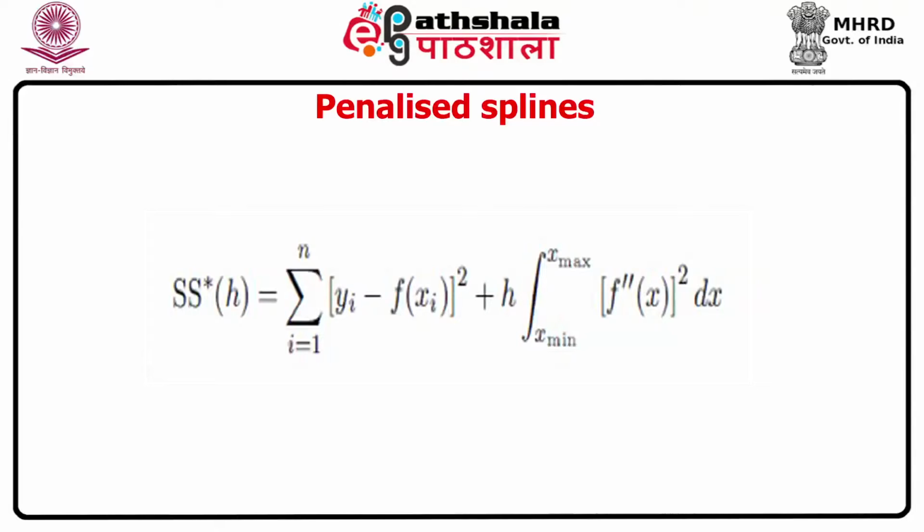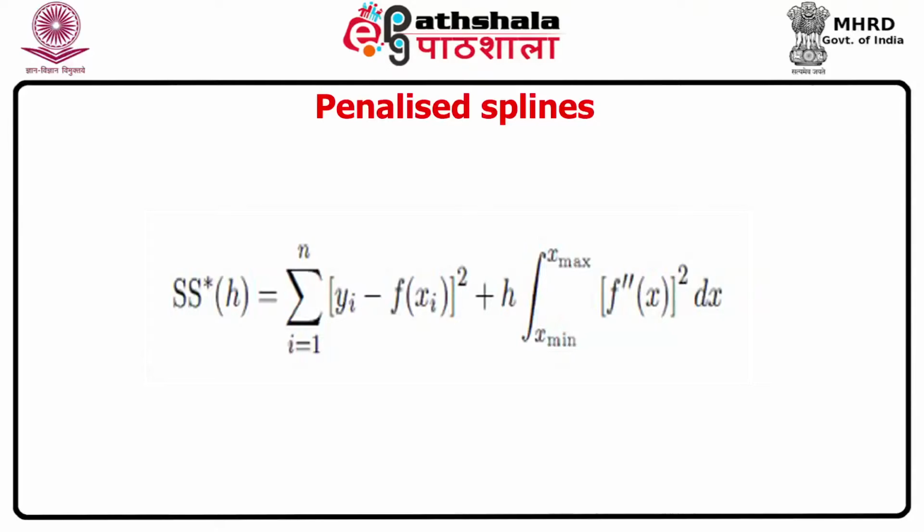So our optimizing criterion is now the sum of squares plus a coefficient times the roughness penalty. This coefficient, which here has been denoted by h, is the smoothing parameter because it controls the importance which is given to the roughness penalty.